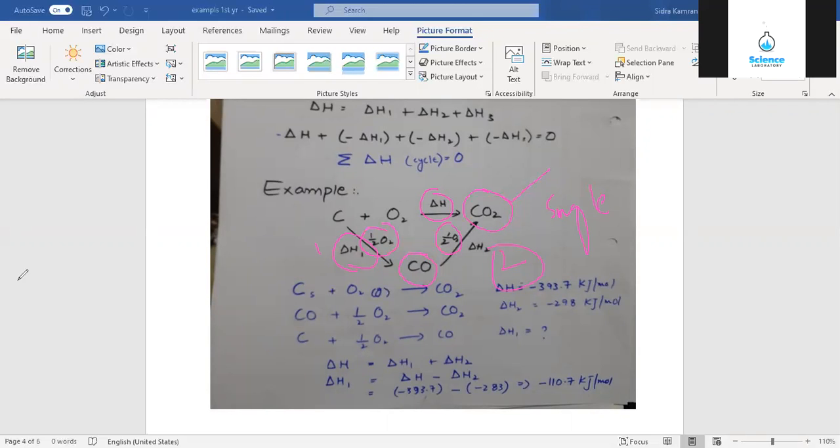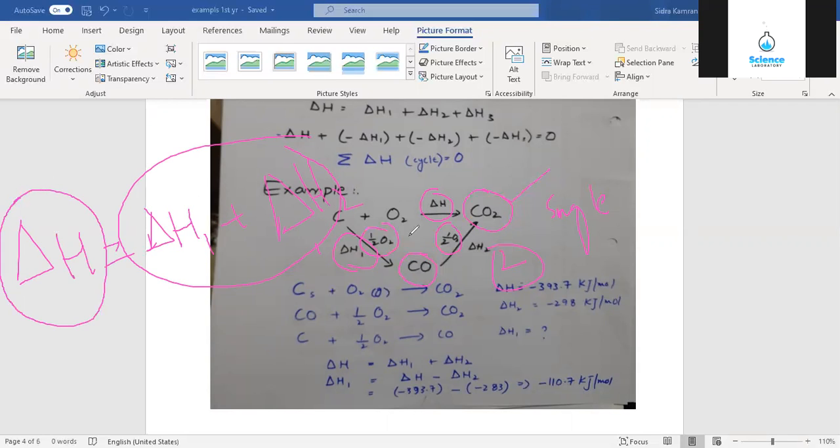The sum of delta H1 plus delta H2, the sum of these two enthalpy changes, is equal to the enthalpy change for the single step reaction to form the same product.